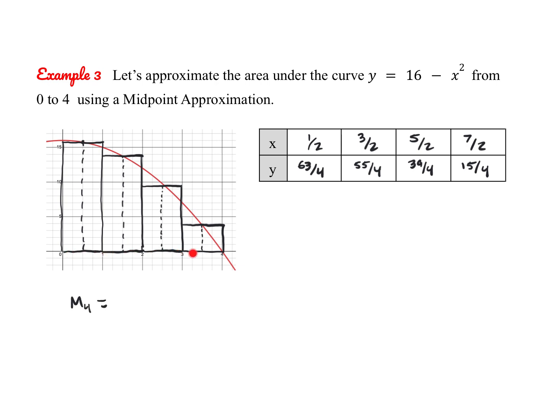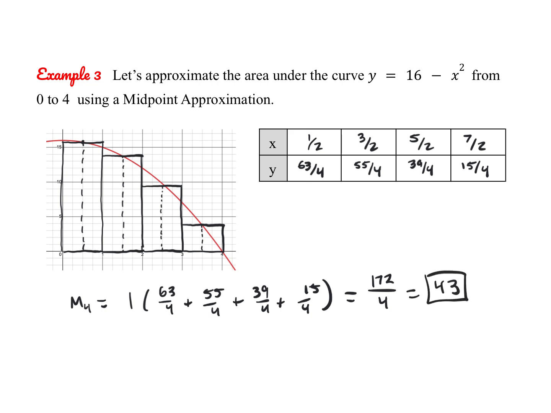The rectangles are still uniform in width, and all of the bases are still 1. They have a width of 1, so we could do the base times the sum of the individual heights. So 63/4 plus 55/4 plus 39/4 plus 15/4. That gives us 172/4, which is 43.